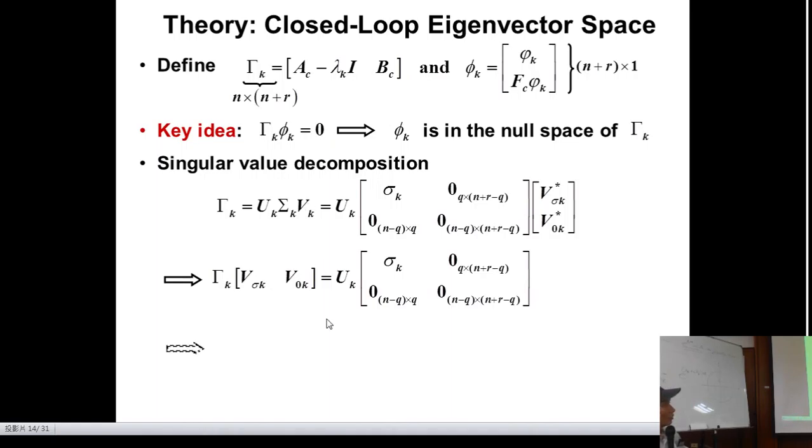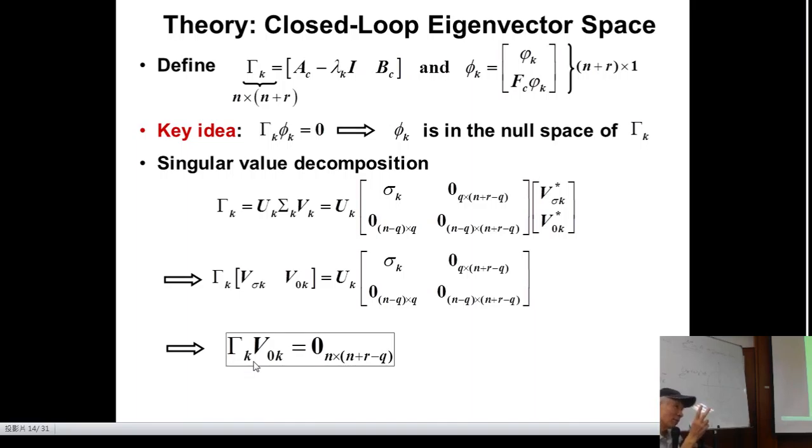Now, if you go further, you find out gamma k V0k equals 0. See, the 0 vector here. Gamma k V0k equals the 0 vector. This 0 vector corresponds to those 0 vectors, n times n minus plus r minus q. That means this V0k may not have only one column.